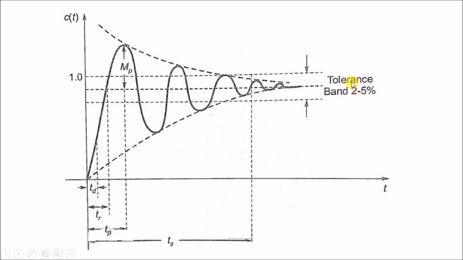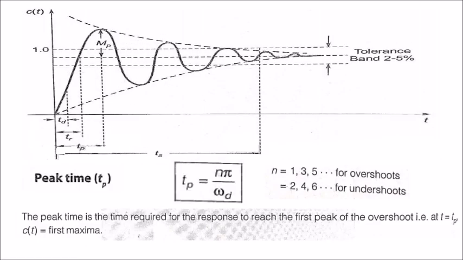When your system band has very little tolerance, the time increases. If it is 5%, Ts will be up to this, and when it goes for 2%, Ts increases to more. So when your tolerance is very small, the system is very accurate. When your tolerance is more, the system is less accurate.